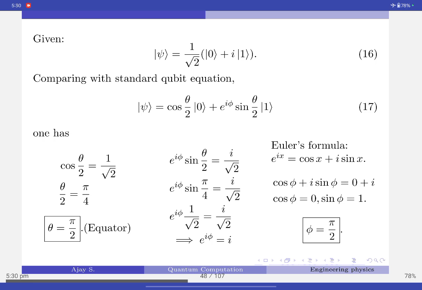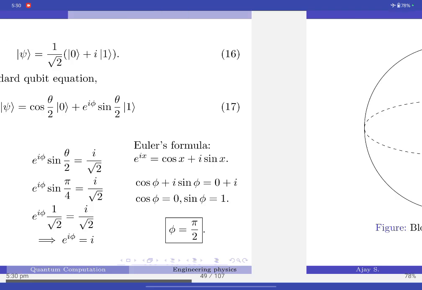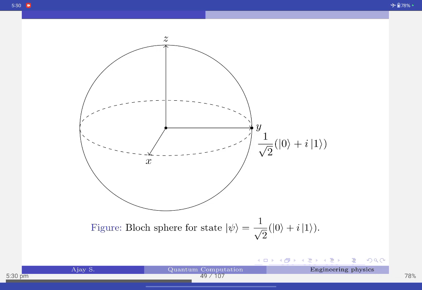This time there is no real part, so cos phi plus I sin phi has to be equal to 0 plus I. So comparison tells us that cos phi should be 0. We know phi has to be equal to pi by 2 for cos phi to be equal to 0, or sin phi is equal to 1 also implies phi is equal to pi by 2. So this is the position of the state 1 by root 2 ket 0 plus I ket 1.